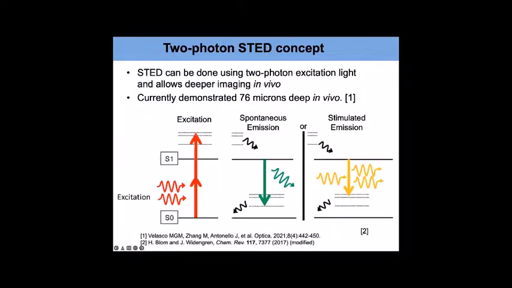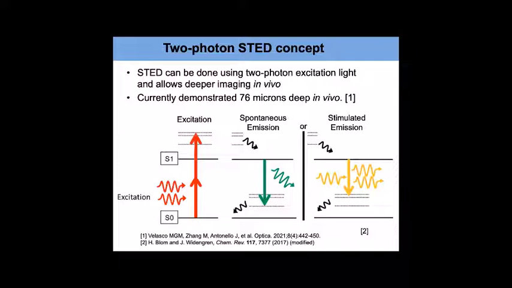Okay, and you can also do two-photon STED, if you want to actually image in vivo in tissue. People have demonstrated this on benchtop systems. So you use your two-photon excitation source, and then have the same wavelength depletion source.